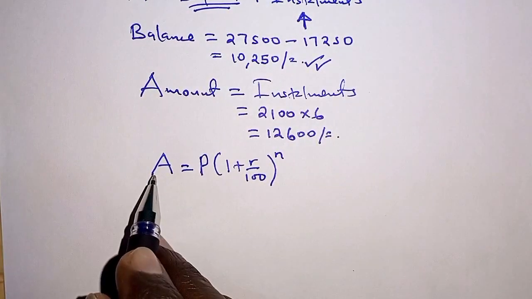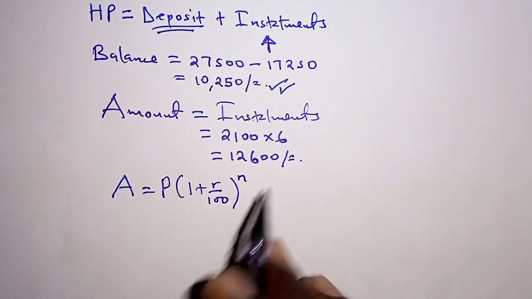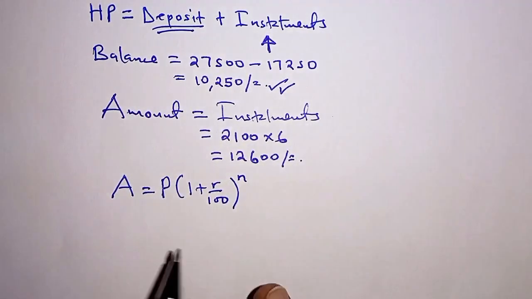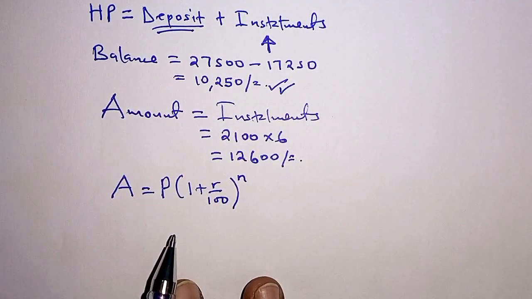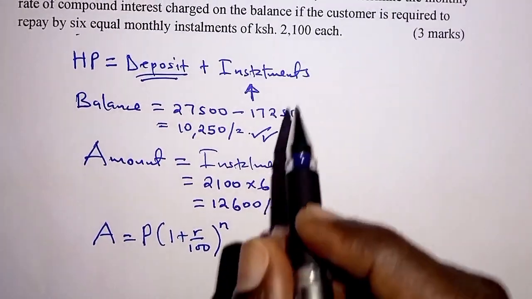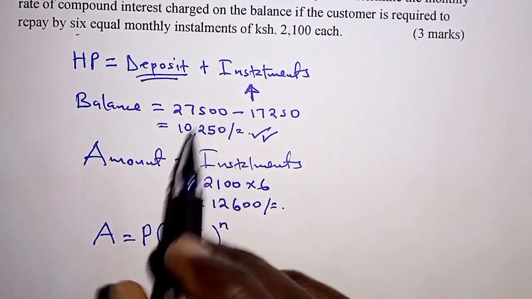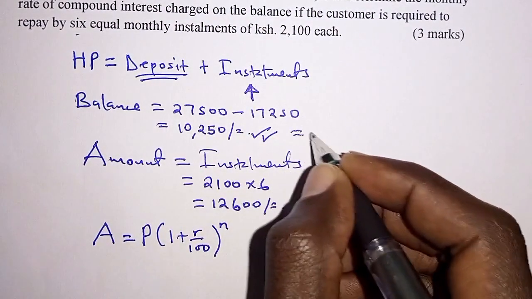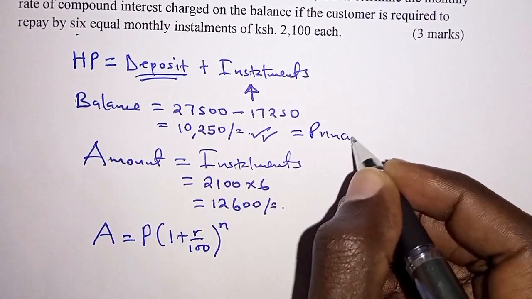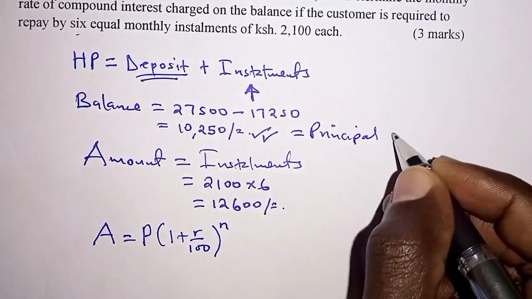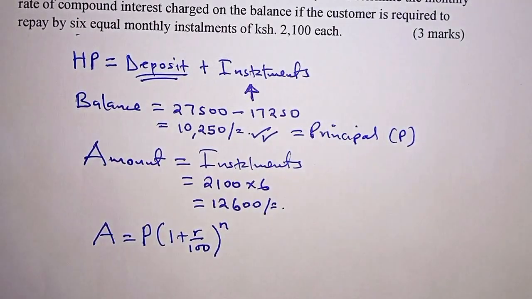So we had said that the amount here is the installments, and we also need to take note here that having paid the deposit, whatever remains as the balance is equivalent to the principal. Now principal denoted by letter P.